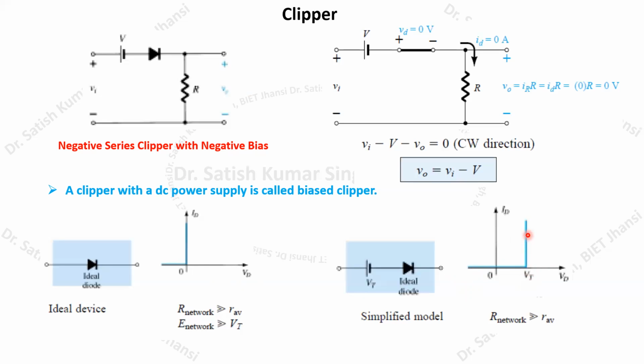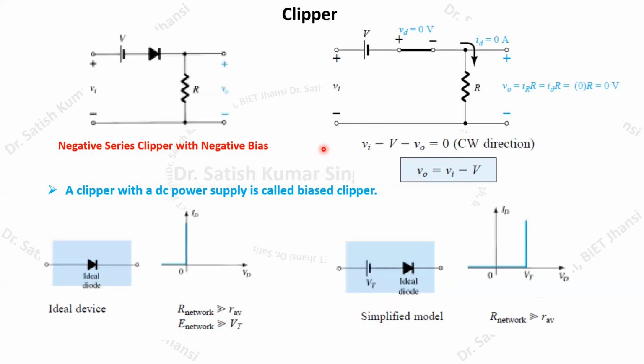But in the case of the piecewise linear model, there will be a little variation, and the voltage across the diode will also change. This characteristic will not go directly vertically up, but will have a certain slope that accounts for the resistance offered by the diode.